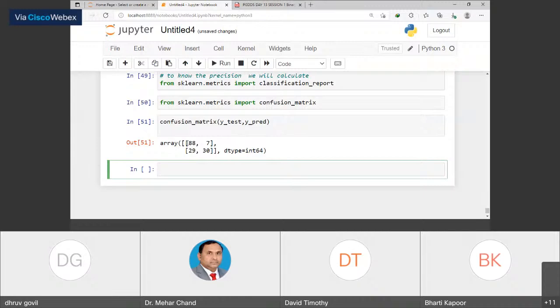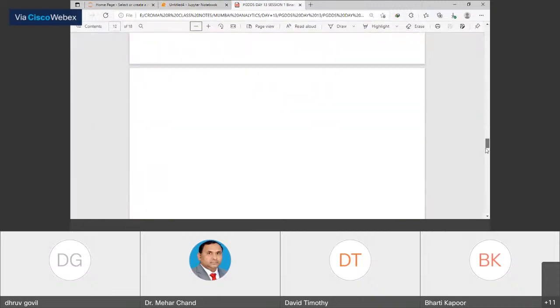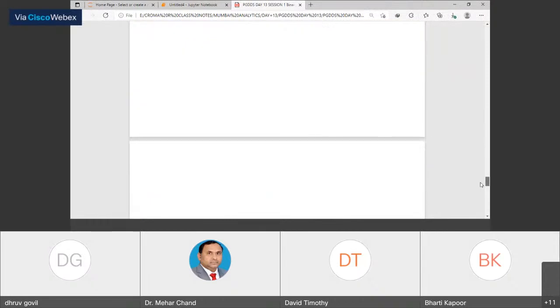See this. This is the confusion matrix. We have to get it. Just wait, I will show you some part which is related to the confusion matrix.